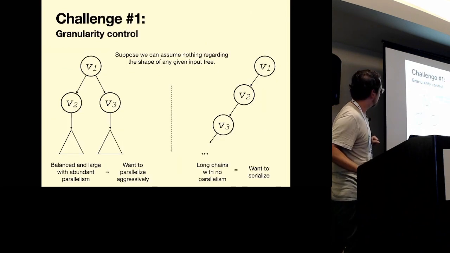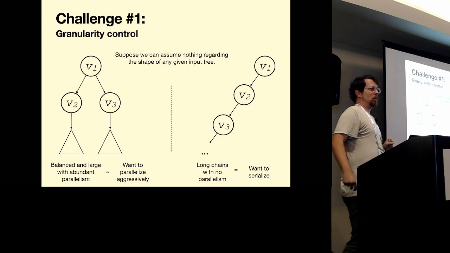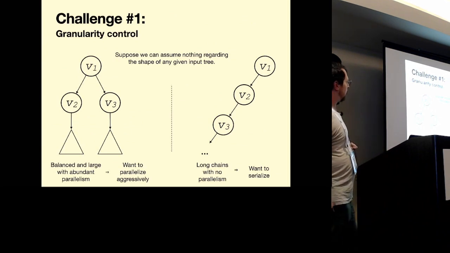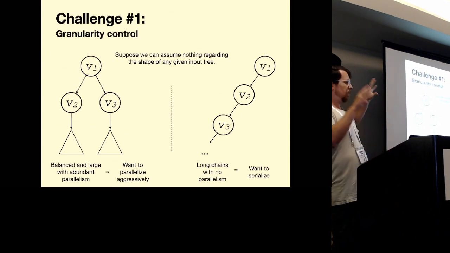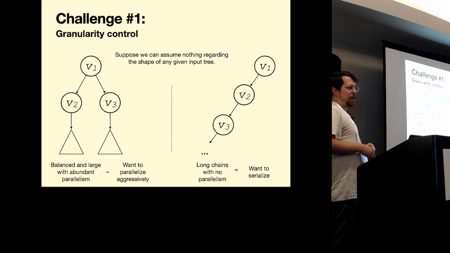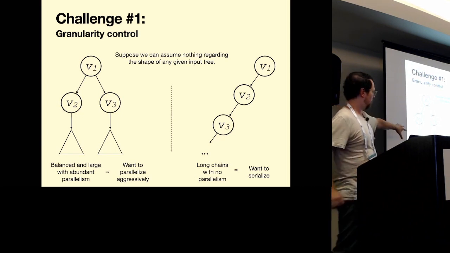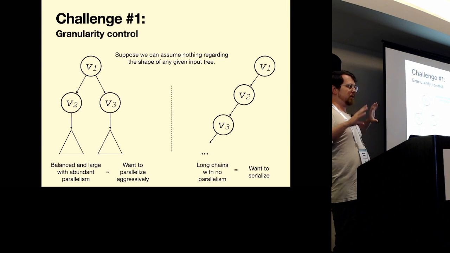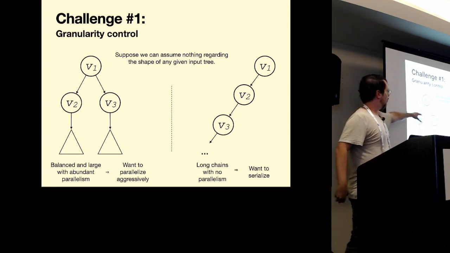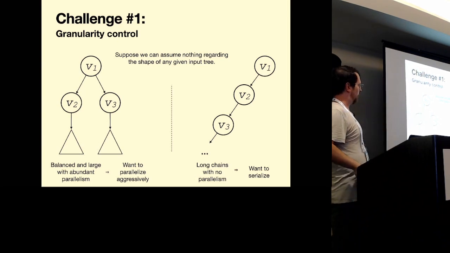But we have a granularity control challenge, because if you look at that tree data type, we can have any number of different types of tree data structures. They can range from nice and balanced and large, which are good for parallelism, or they can just be a long chain or something degenerate like that.